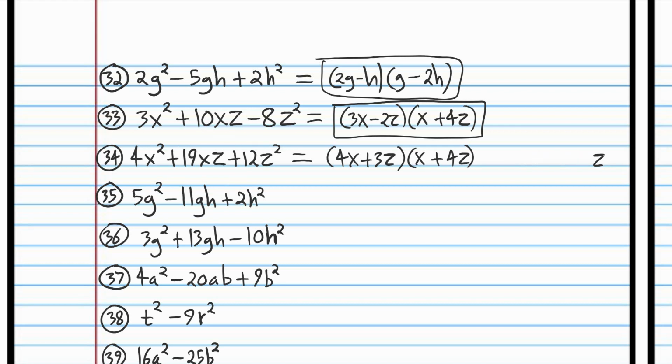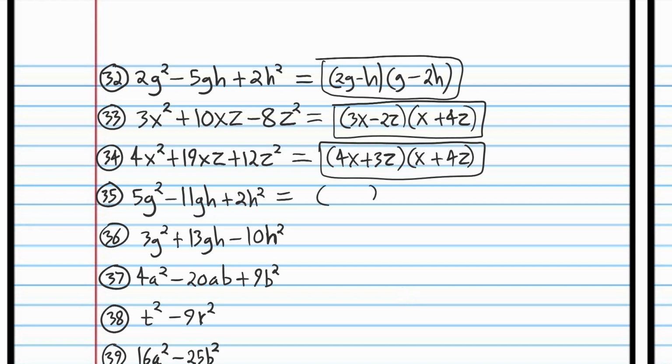So it looks like we have the right answer. So again, a lot of this is just review of what you did in the last class. The only difference is we have two variables. The only difference is you're putting a variable on the second terms in each pair. So why don't you try number 35, and when you come back, we'll do it together.